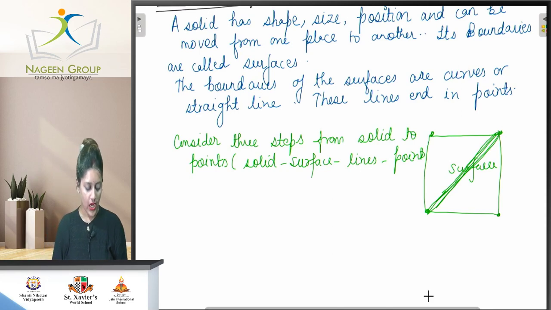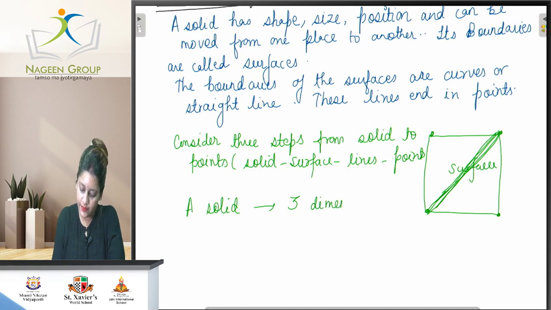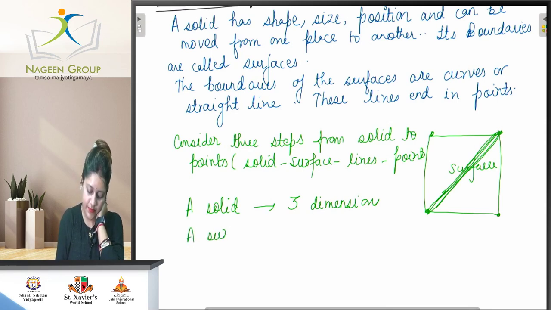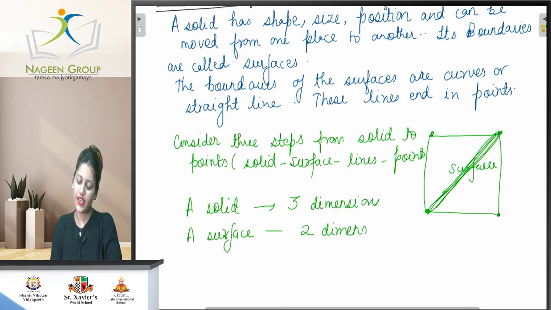Okay, now a solid has 3 dimensions. A solid has how many dimensions? It has 3 dimensions. After that, a surface has two dimensions. In short form we say 3D or 2D.